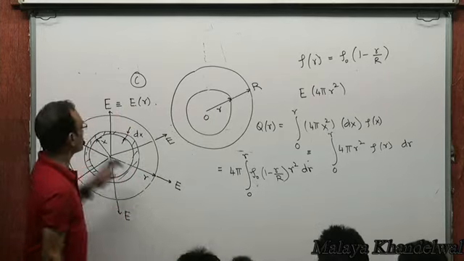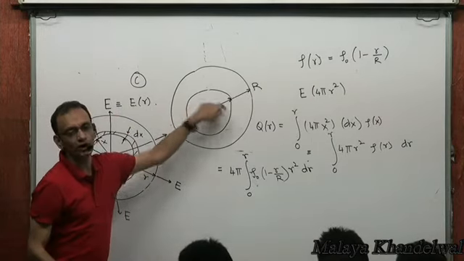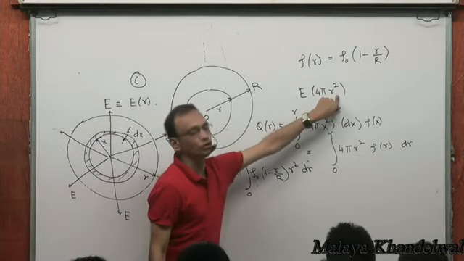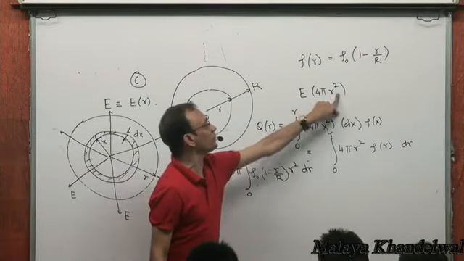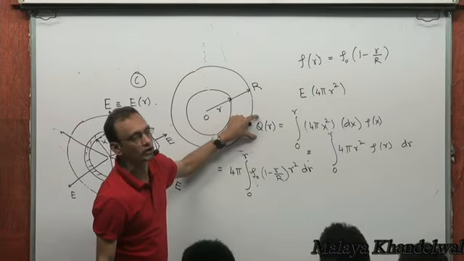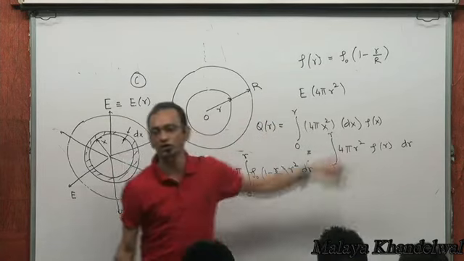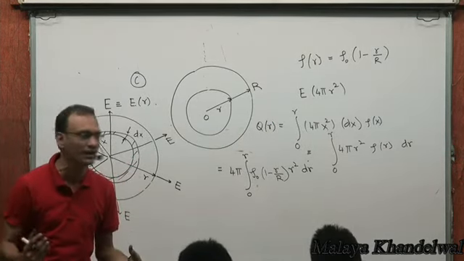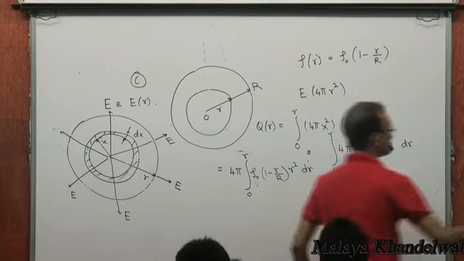That's going to be the total charge enclosed in a sphere of radius small r. The total flux passing through this is going to be E into 4 pi r squared. So E into 4 pi r squared would be the total charge inside that sphere by epsilon naught, out of Gauss's law considerations, and that will give me E as a function of small r. Inside the sphere, I know how E is varying with small r. Clear? Now let's do that.